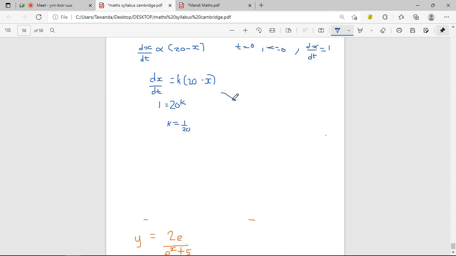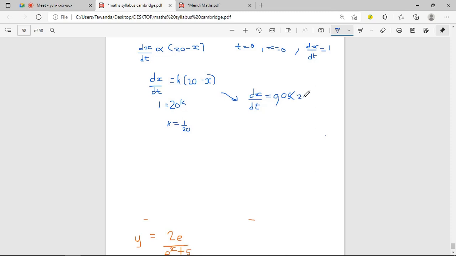So we have managed to show that dx over dt is equal to 0.05 open bracket 20 minus x.